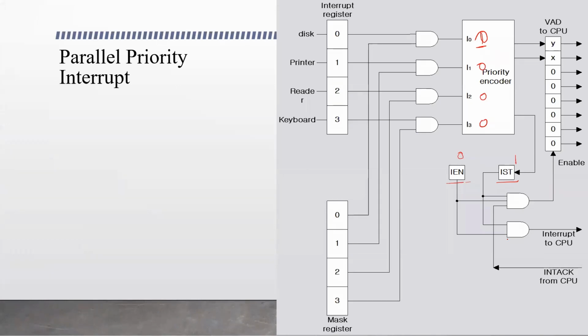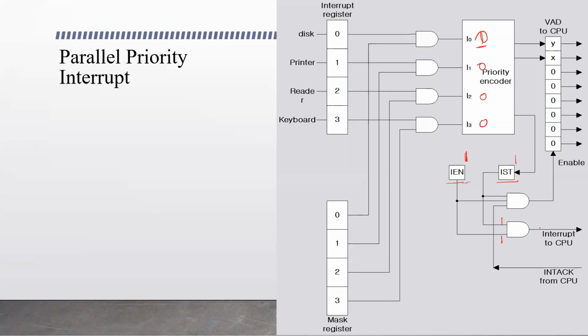And here there are two AND gates, with the interrupt status and interrupt enable. For generating an interrupt to the CPU, the state of both registers should be 1. When an interrupt is allowed, interrupt enable will be 1, and there is an interrupt.